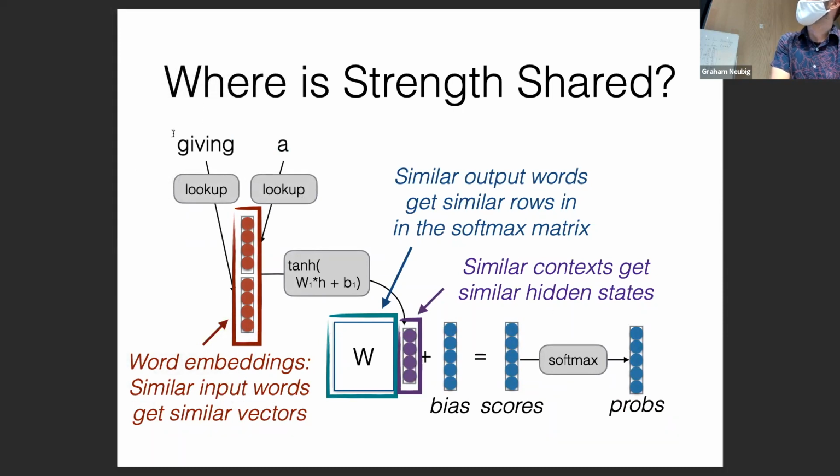So for example, bought and purchased will have similar words following them. After this feature extraction function happens, we would expect that these purple vectors here would get similar values.